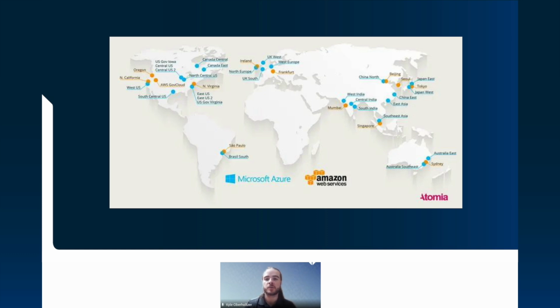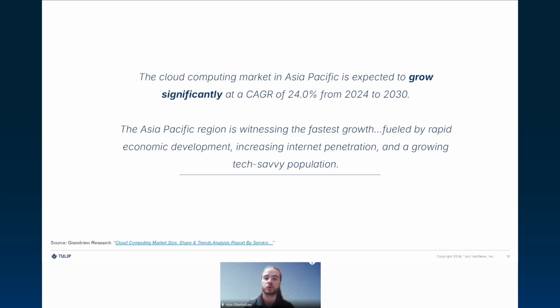And we know this because we see this right half of the map full, where 5 years ago there would have been 2 or 3 dots per provider in this region. So we're seeing a lot of investment in APAC, and we're also seeing a lot of response, right? We're seeing that APAC as a region is growing very rapidly in terms of uptake of internet and cloud services.